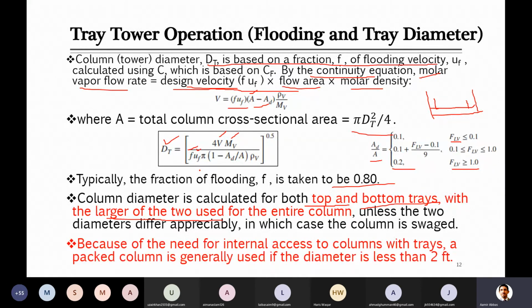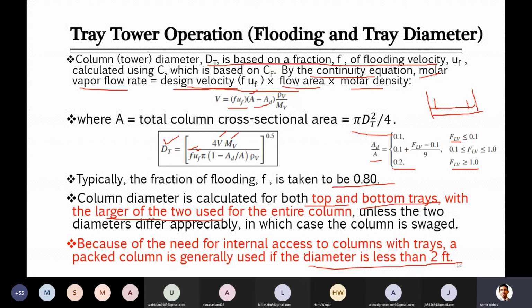So whenever we are designing these kinds of columns and you calculate that the diameter of the tray is less than 2 feet, in that case it is avoided to install the tray tower.